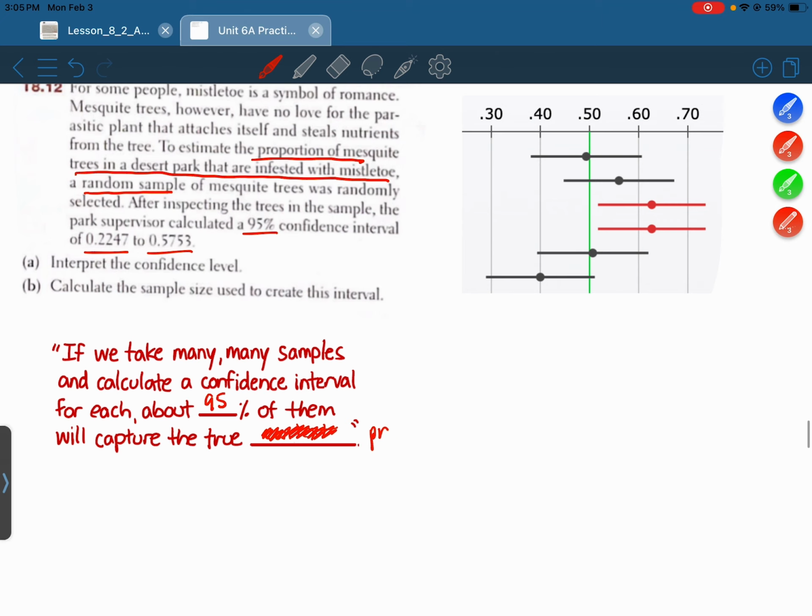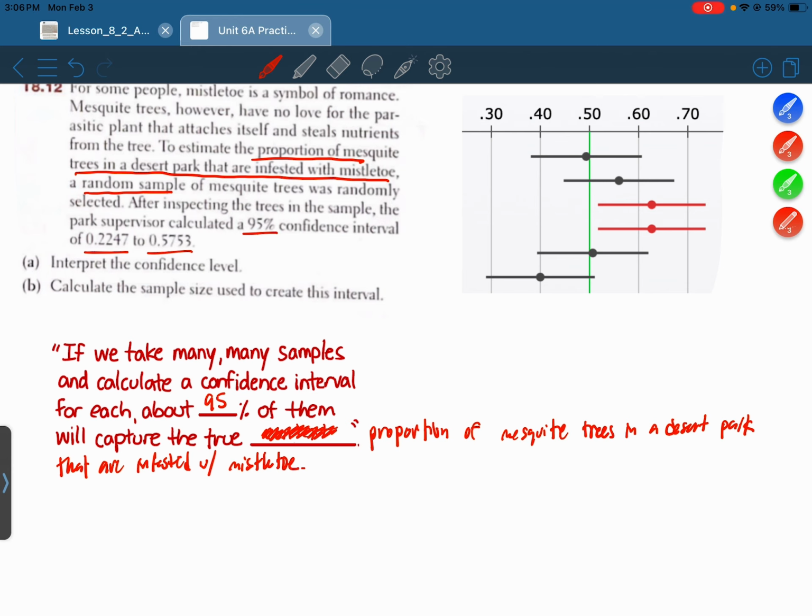So the true proportion of mesquite trees in a desert park that are infested with mistletoe. All right, so that's part A.